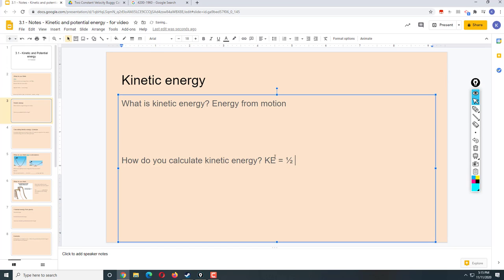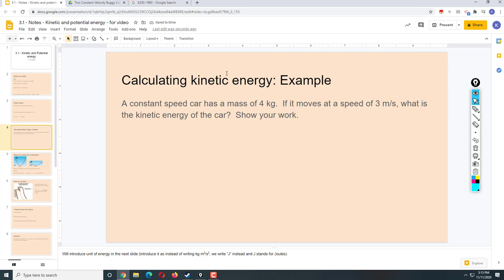Kinetic energy is 1/2 mv squared, where m is mass and v is velocity. So for example, a constant speed car has a mass of 4 kilograms.